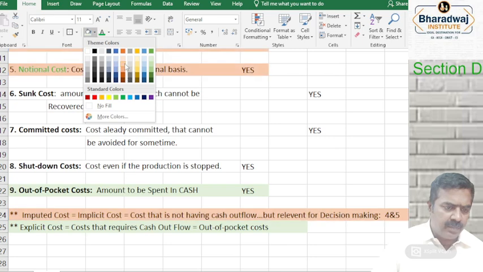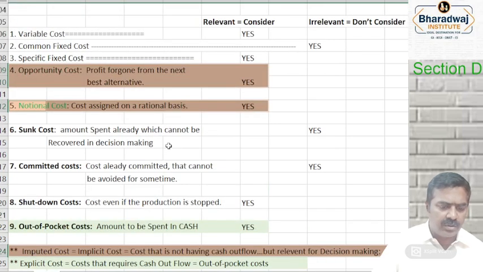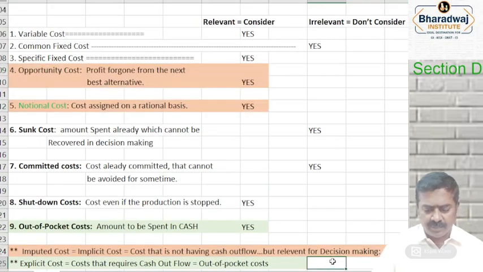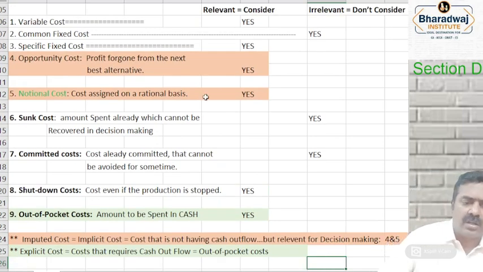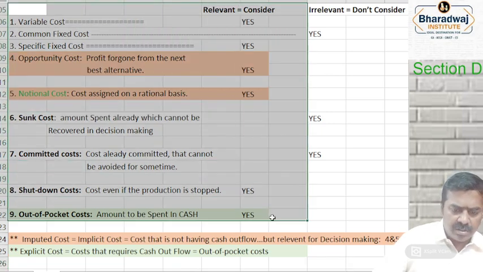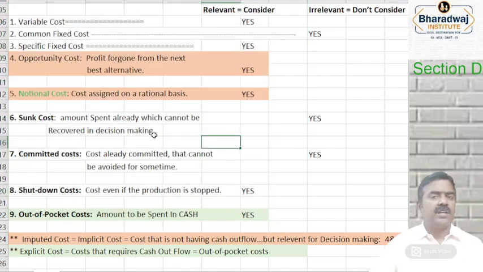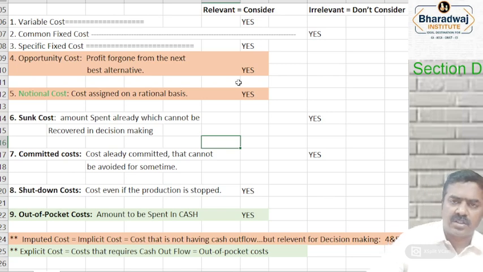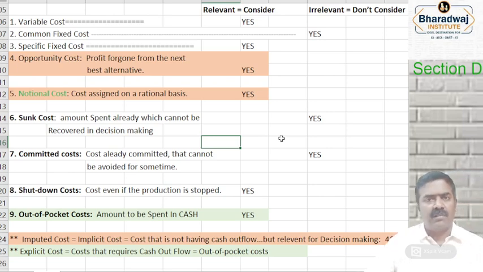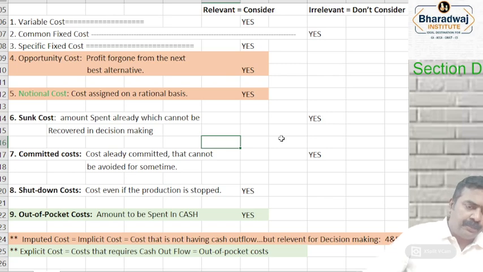So we decide based on both explicit cost as well as implicit cost. This is highly useful when you are running a business or working for a business, to decide whether to consider a cost or not. This is cost classification based on relevance to decision making.